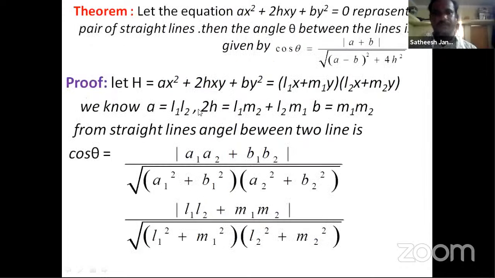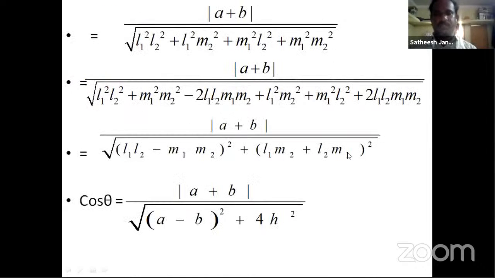See here, 2h is equal to L1 M2 plus L2 M1. Substitute in this place. This is 2h whole square, which means 2 square, that is 4h square. That is the angle between two pair of straight lines: cos theta is equal to a plus b by the square root of a minus b whole square plus 4h square.